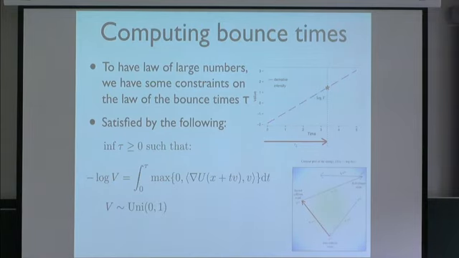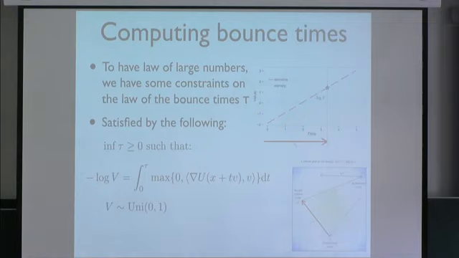So this part is not problematic. The part that needs a bit more work is computing these collision times. In order to have a law of large numbers, we have some constraints on the law of these bounce times tau.